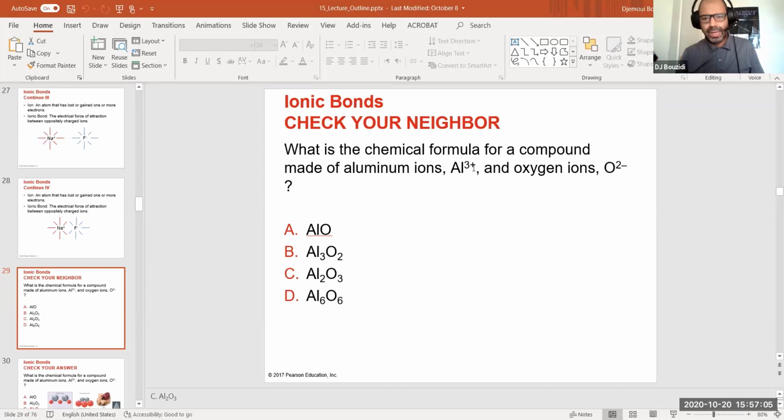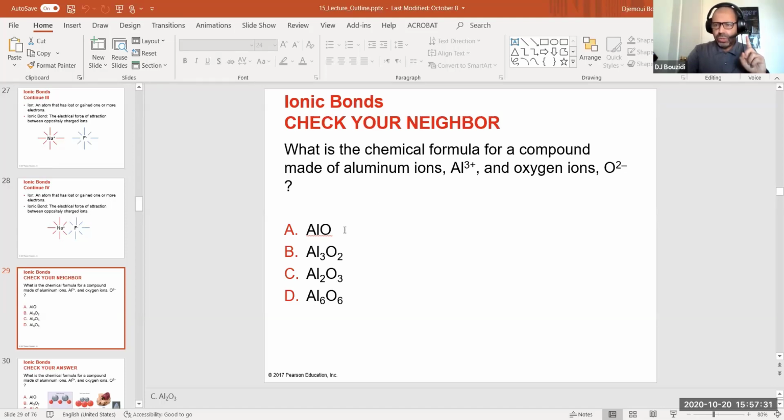Here is an example where this 1-to-1 is not correct. I have positively charged aluminum, 3 plus, and negatively charged oxygen, 2 minus, and I want to form the oxide of aluminum. How am I going to do it? If I bring them together just like this, the whole thing will still be positively charged.